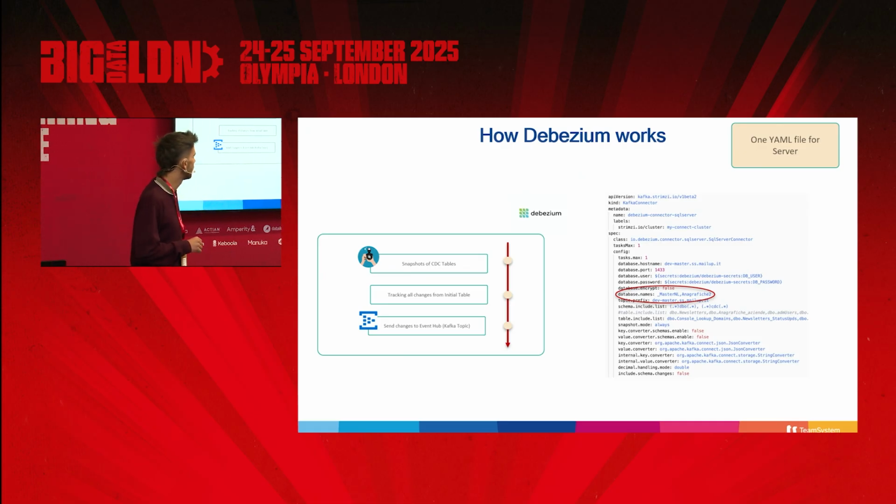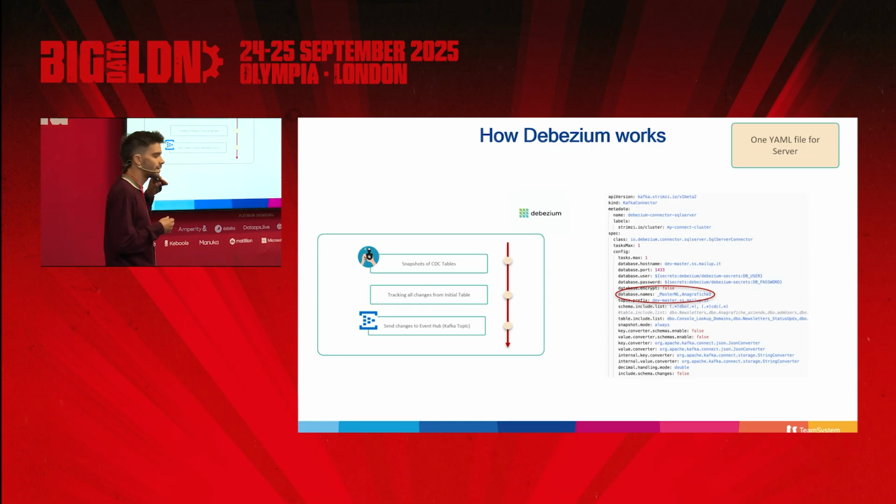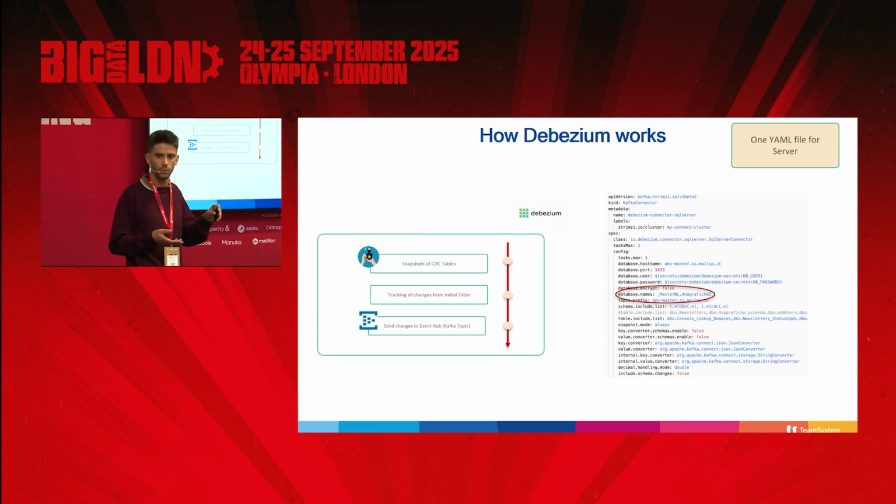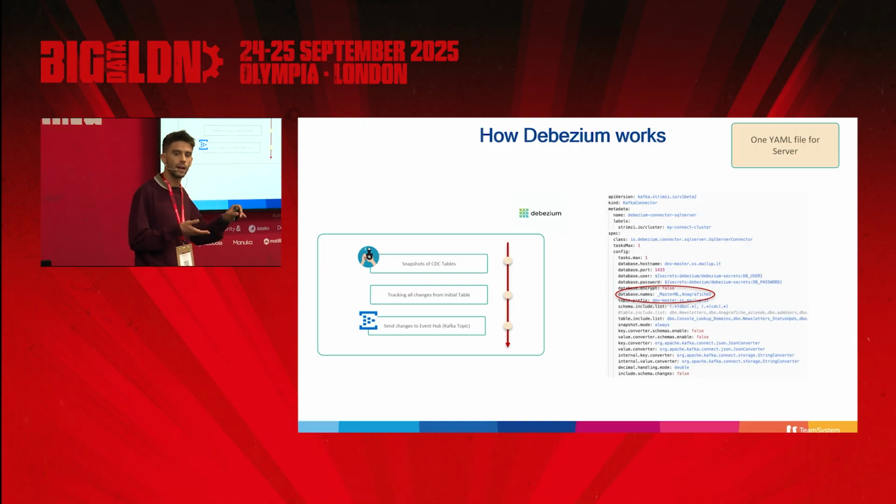How does Debezium work? The first step is to take a snapshot of the source tables, and then it starts to track all the changes about these tables.